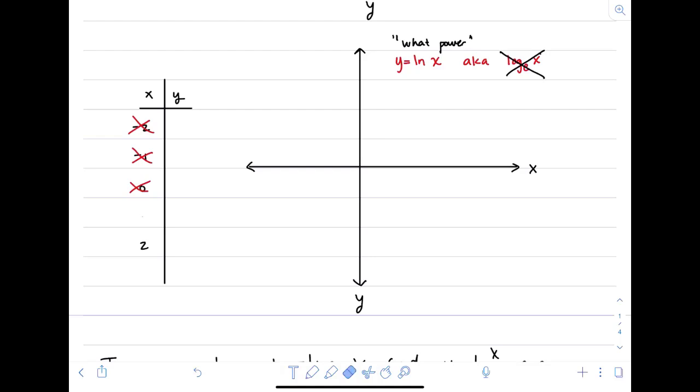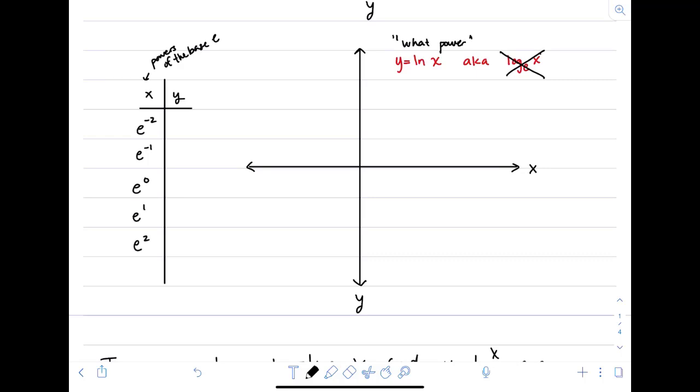So here's what I would choose instead for this one. We're for sure staying away from the negatives, and we're going to think powers of e. When I plug in things for x, I want to plug in powers of the base, e. So I'm going to plug in e to the -2, e to the -1, e to the 0, e to the 1, e to the 2.